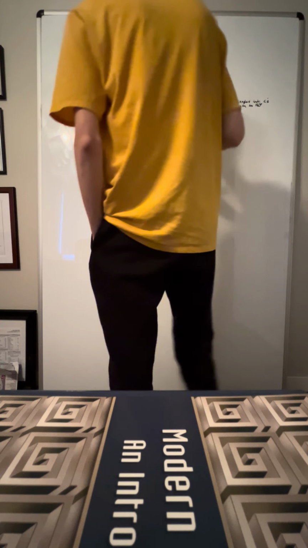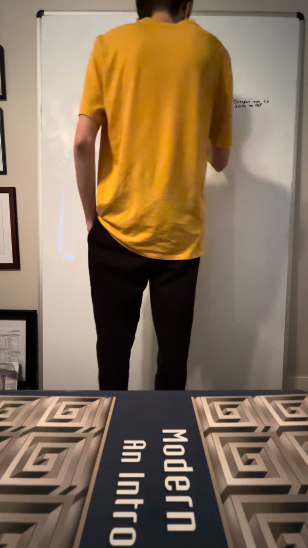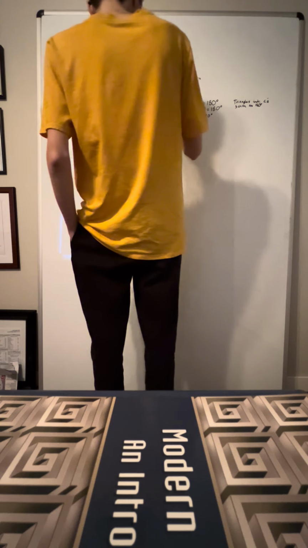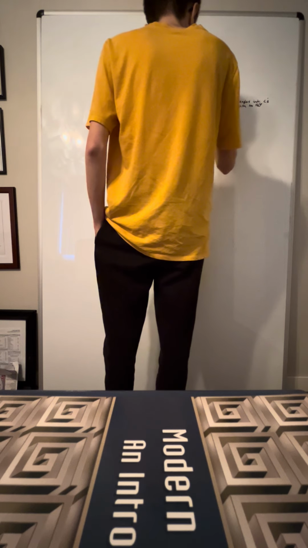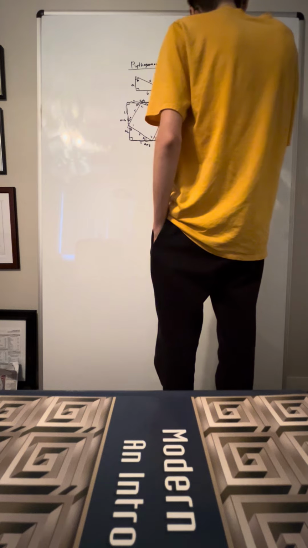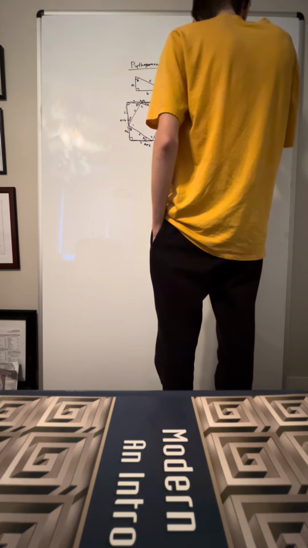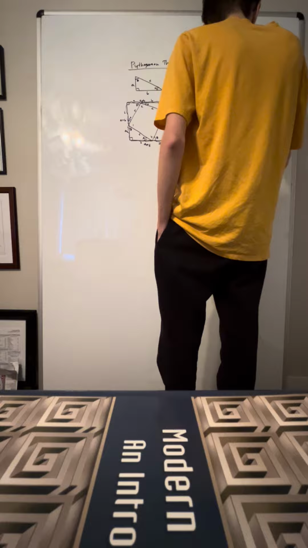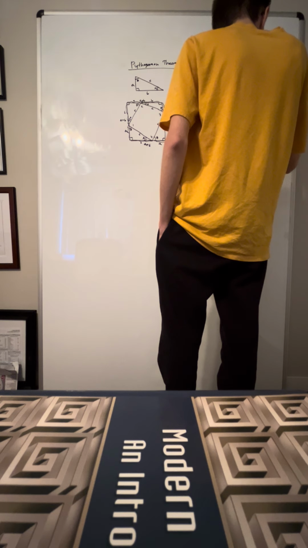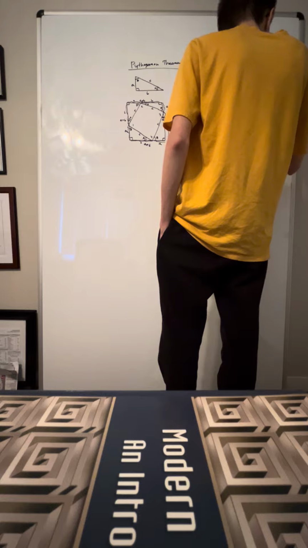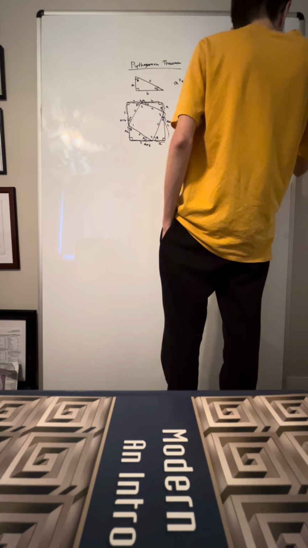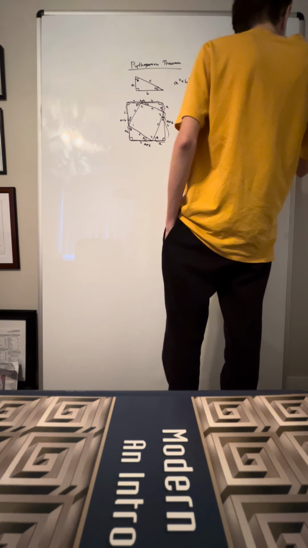But also we know that we have A plus B plus, for example, angle 1, and that's also going to be the same thing as A plus B plus angle 2, plus A plus B plus angle 3, plus A plus B plus angle 4 equals 180 degrees.